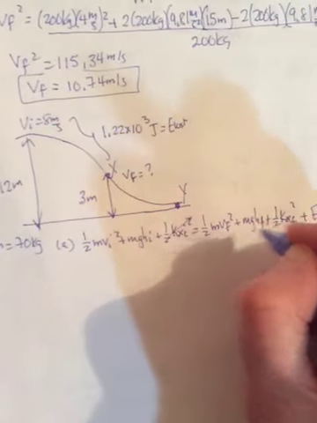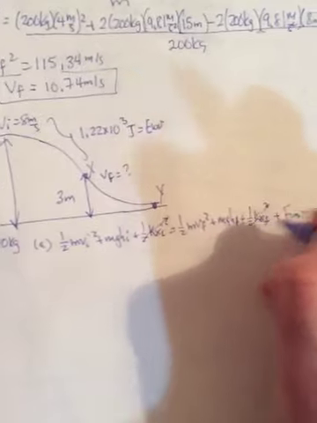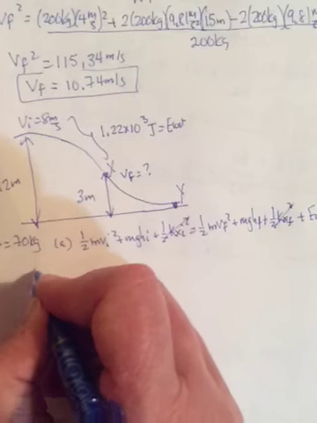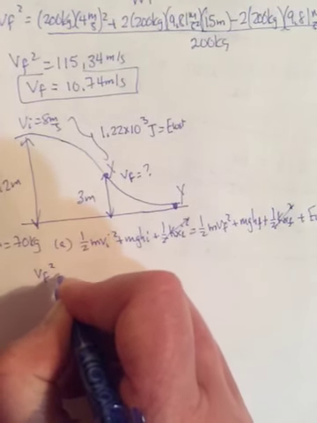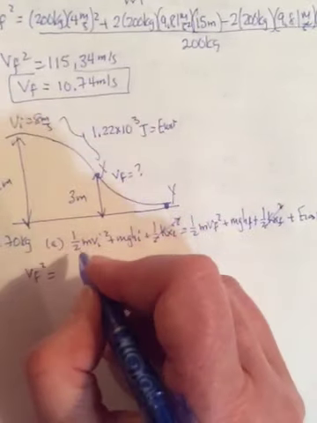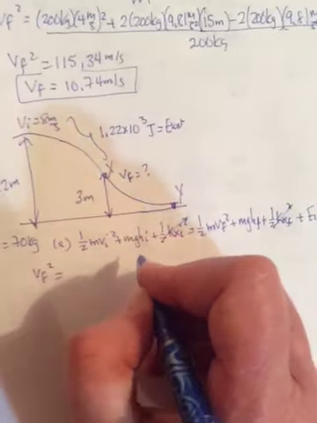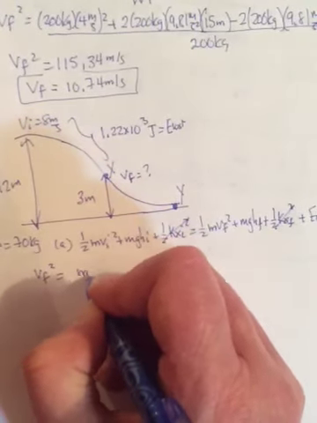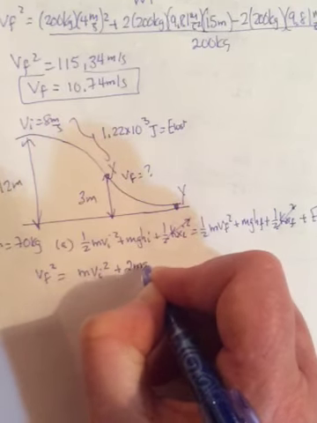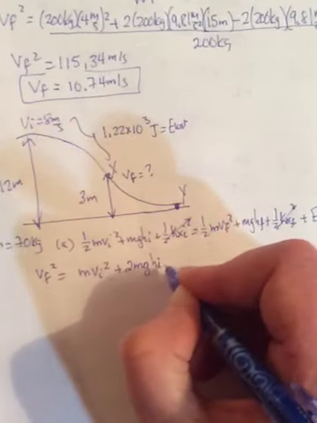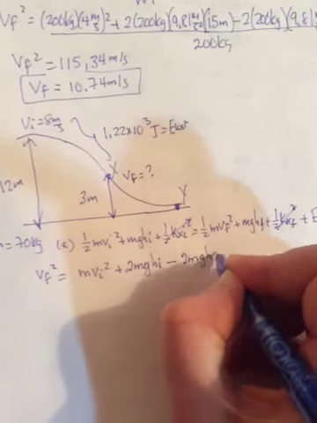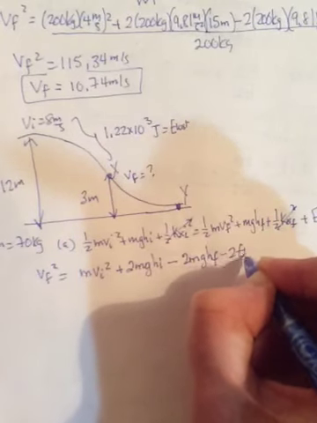At X, there is a speed, there is a height, there is no spring, there's E lost. And again, we're looking for VF. So once again, I would take my other two terms over, I would multiply everything by 2, divide by m. So it'll be v initial squared plus 2mgh initial minus 2mgh final minus 2E lost.